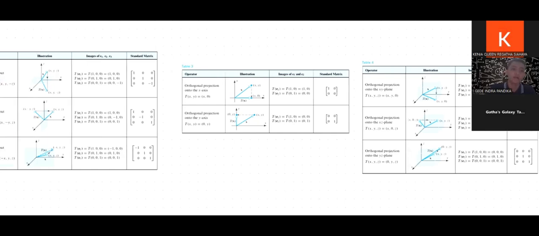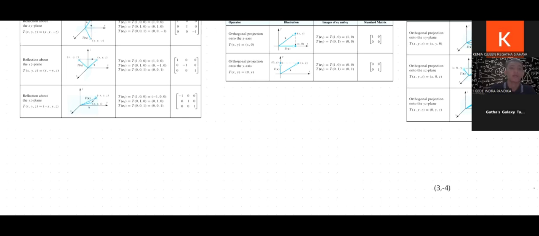The last is reflection about the yz plane, and the general equation is T(x, y, z) = (-x, y, z). So here we have to change the value of x.